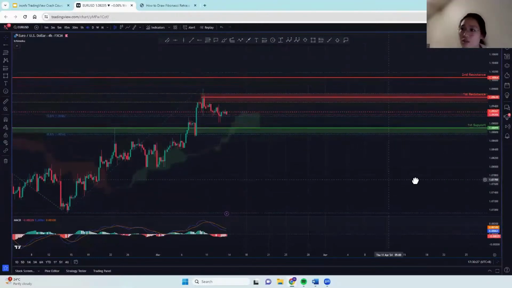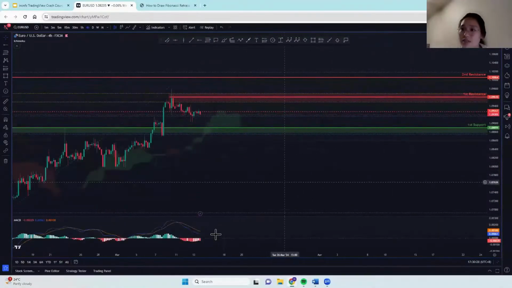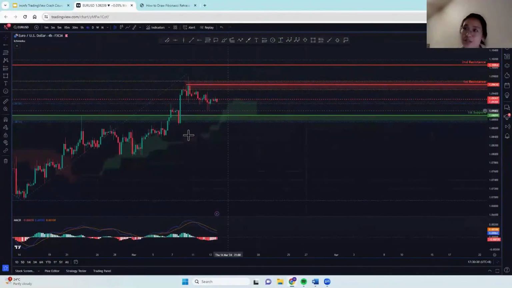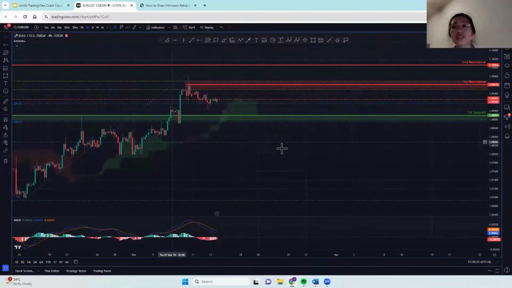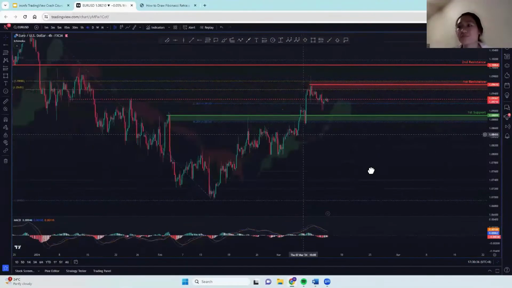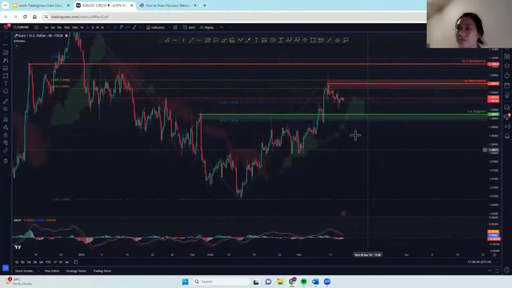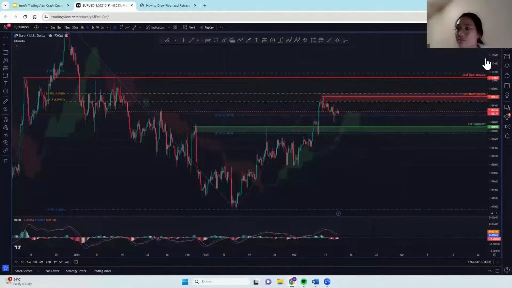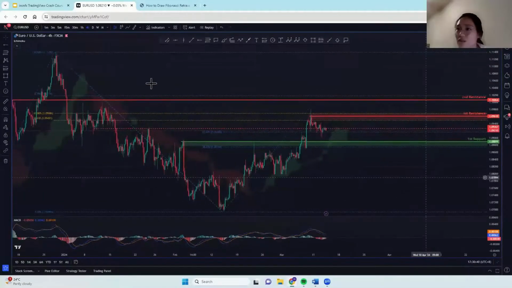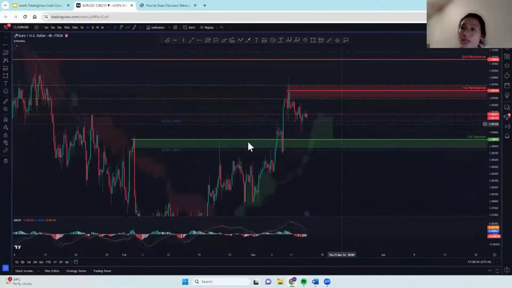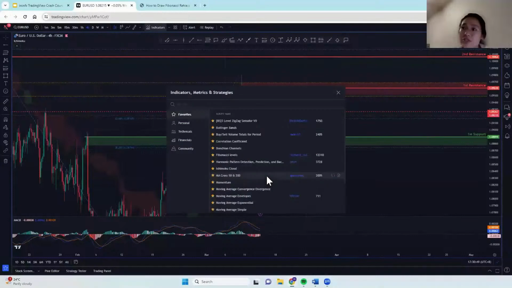So on our MACD, it's giving us a bearish signal, but on our Ichimoku, it's giving us a bullish signal here. So when this happens, that's the reason why you want to make sure that you know how to use a few indicators.